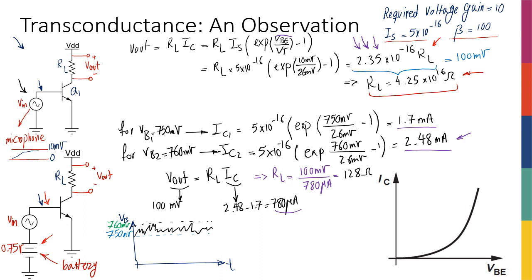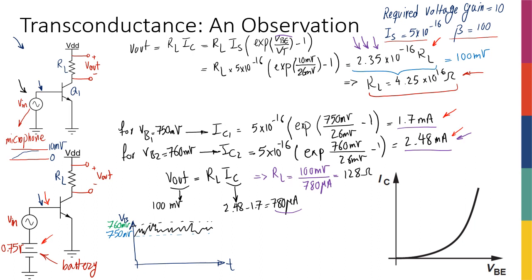Now, to see how much variation I get in the current, I looked at what kind of current 750 millivolts gives me. This was the current. And then I looked at what kind of current the 760 millivolts gives me. And this was the current, right?